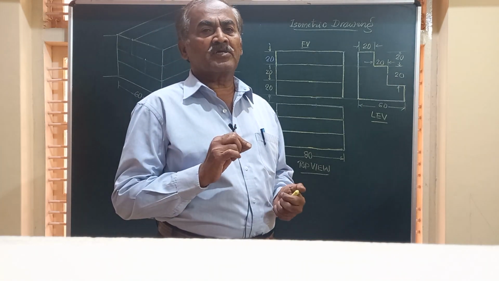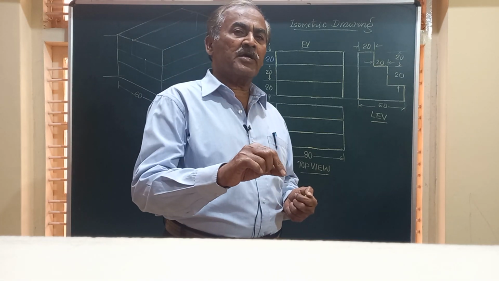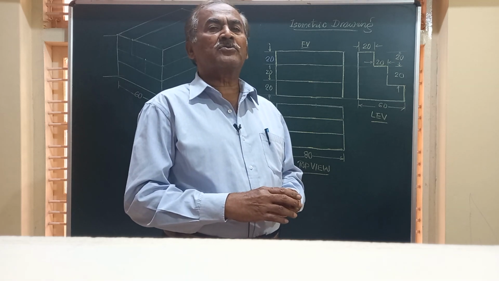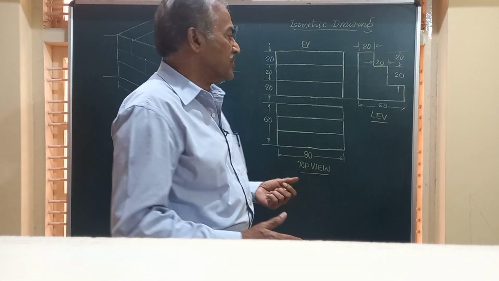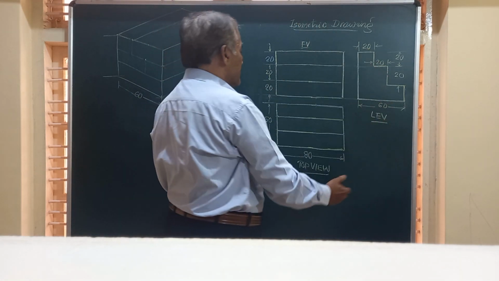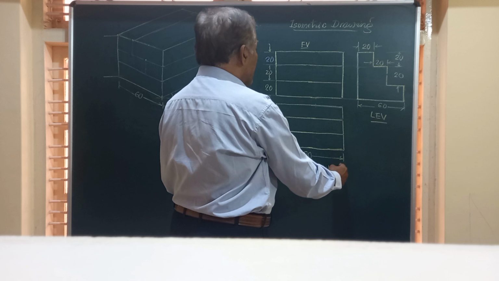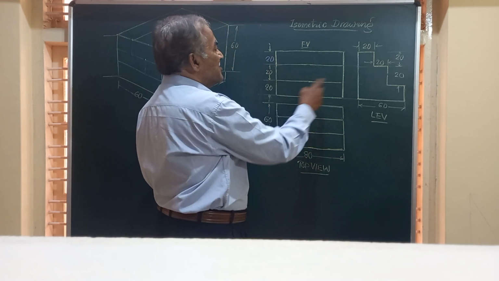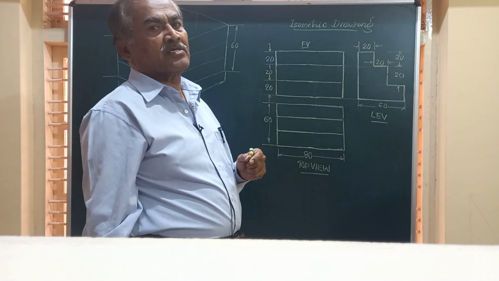Basically, friends, either in isometric drawing or isometric projection, we first find out the overall dimensions of the object. So here the length is 80, width is 60 mm and height is equal to 60.